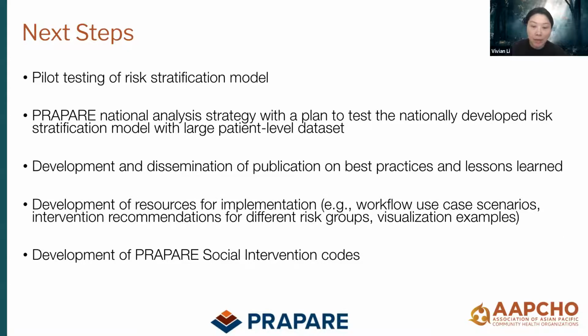Working with a panel of experts as well as the stakeholders from different levels of healthcare, we are also developing a Prepare social intervention codes so that how the Prepare social risks are addressed can be documented and we can close the loop there. We also have a fact sheet on our risk stratification work that will be published in the April Prepare newsletter. So please stay tuned for that as well.